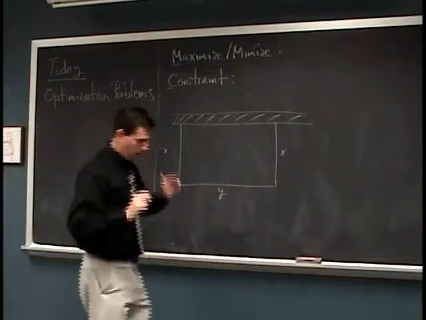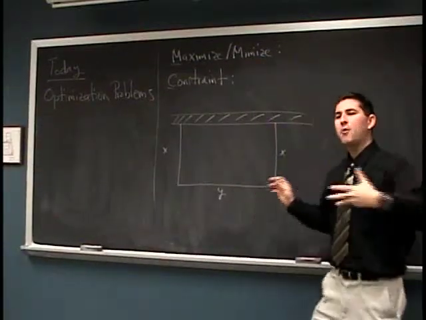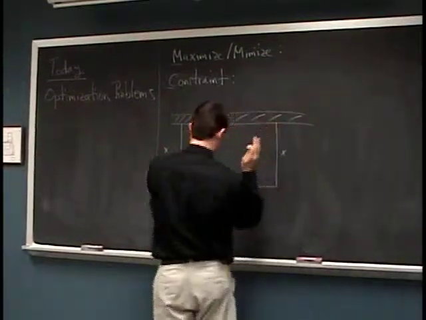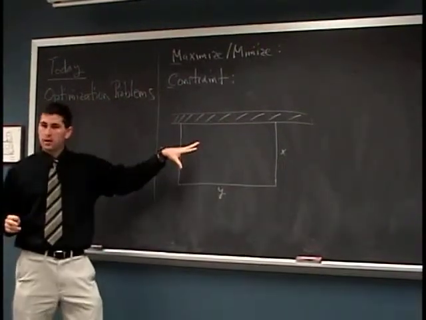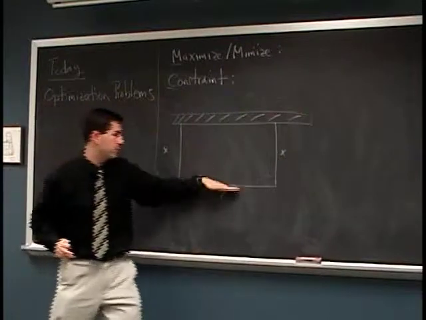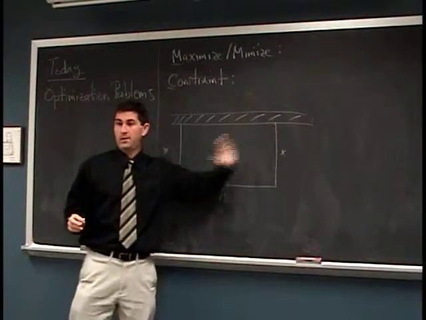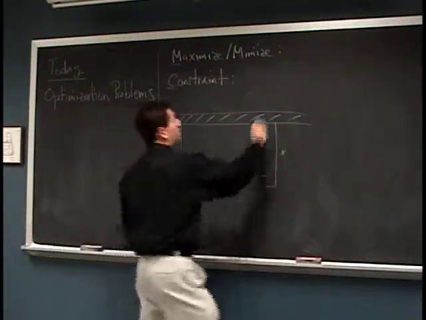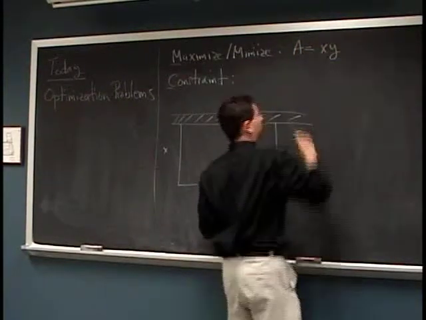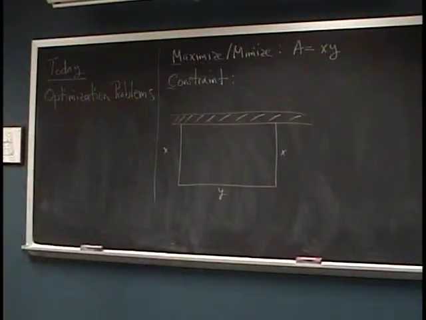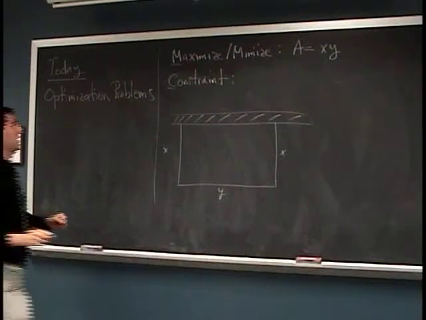And the very first problem that you always try to do is say, okay, fine, how can I maximize the area of my farm, given the constraint that I only have so much fence? So I want to maximize my area. Of course, the area of a rectangle is just x times y. So in this case, I'm maximizing.